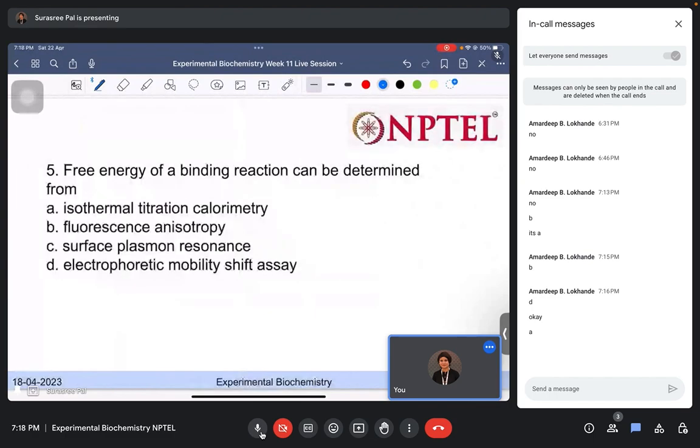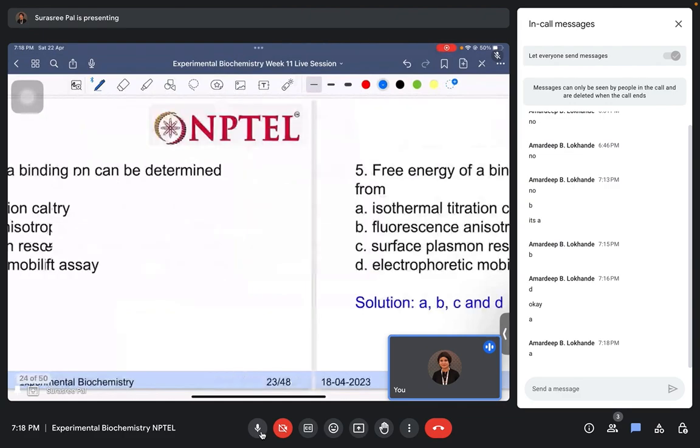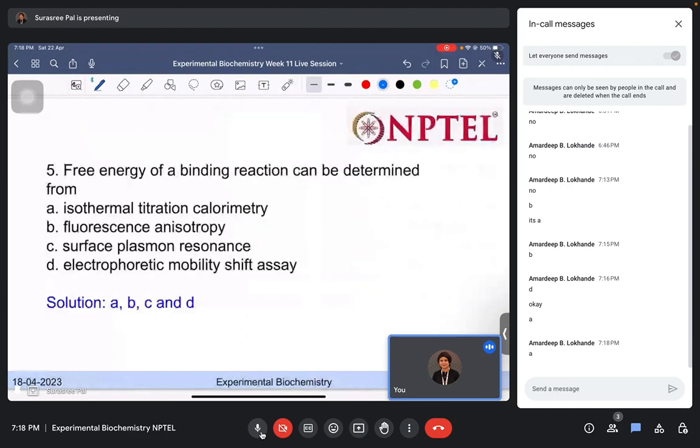Next question. Free energy of a binding reaction can be calculated again from all of these experiments.